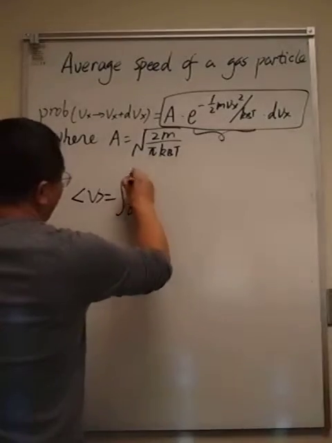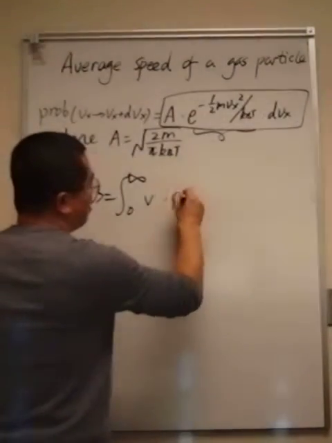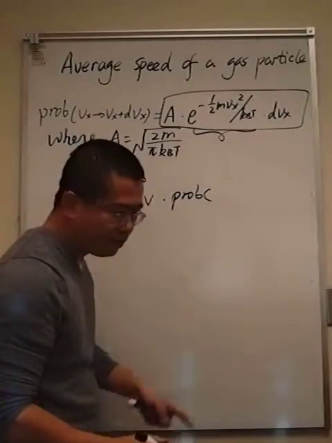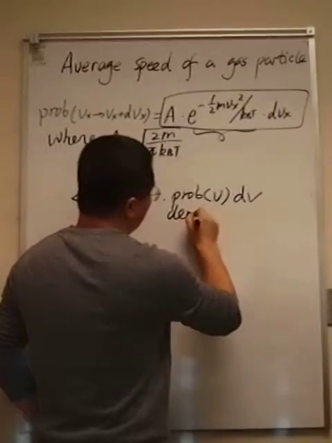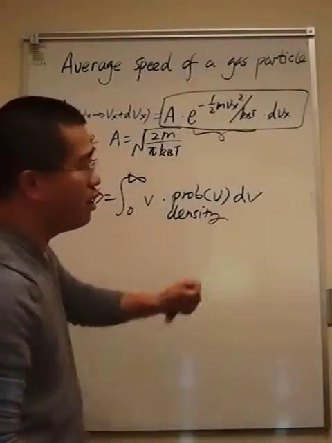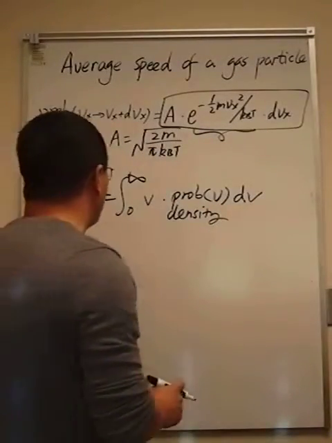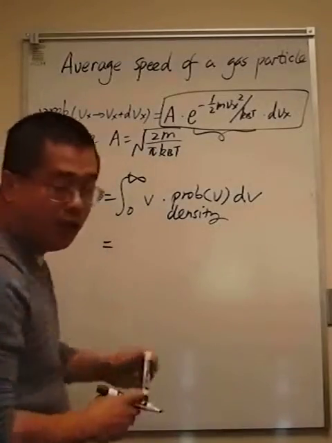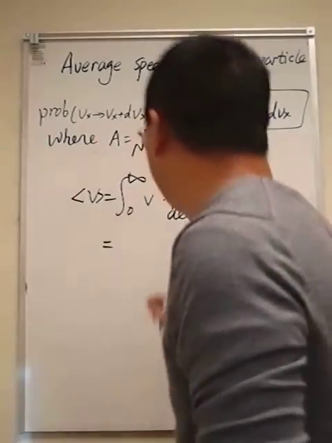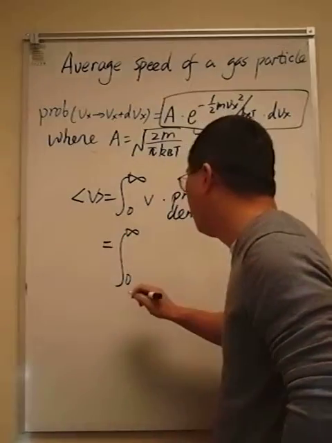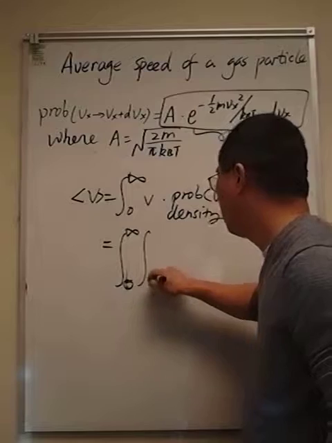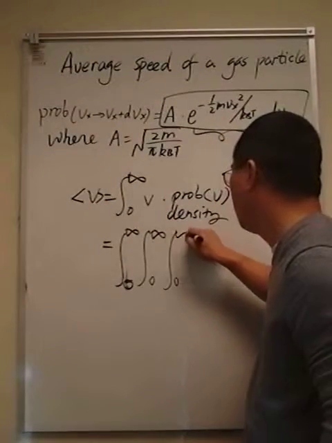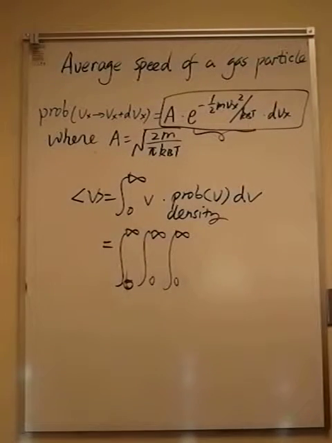So again, the average speed is here. It's from 0 to infinity, V times the probability of this. However, we have three directions, so we actually need to do something more complicated. First, we're going to look at the magnitude of Vx, Vy, and Vz.